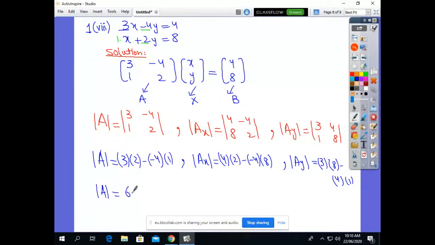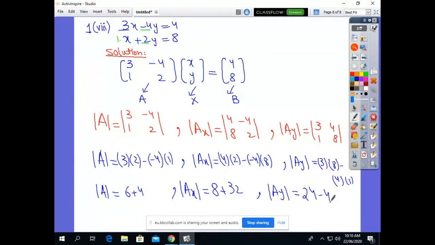We get 6 plus 4, that is, 3 times 2 becomes 6, and the negative becomes positive, and it becomes 4 times 1. Similarly, AX is 8 plus 32, and AY is 24 minus 4.